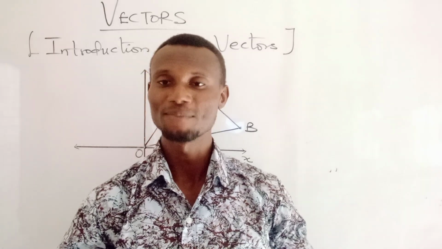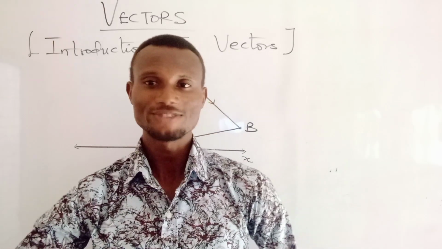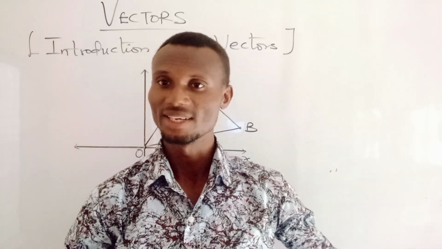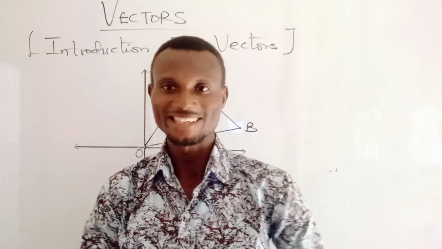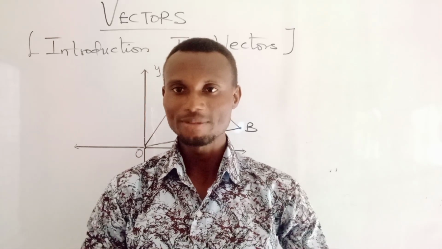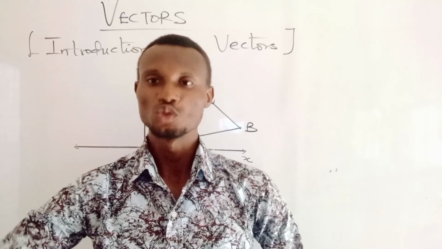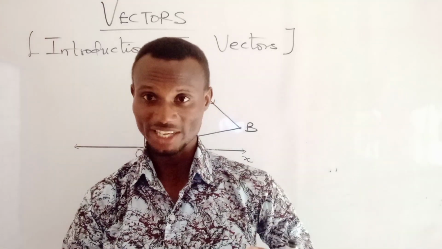Let's say you have an object at point A, and you move that object to another point, let's say point B. Then we can say that there has been a displacement of that object, because the object has been moved from its initial point, which is point A, to another point, which is point B. So that is displacement.